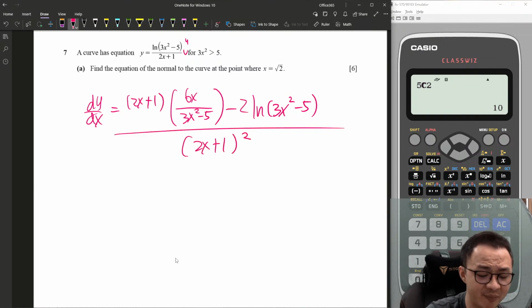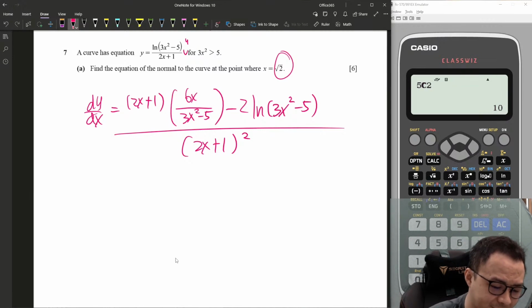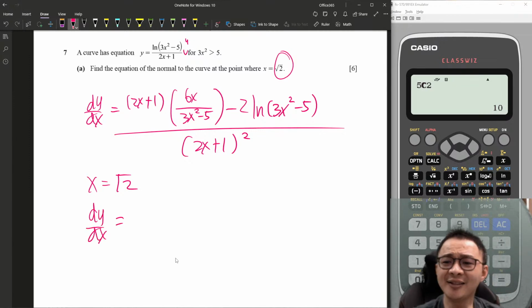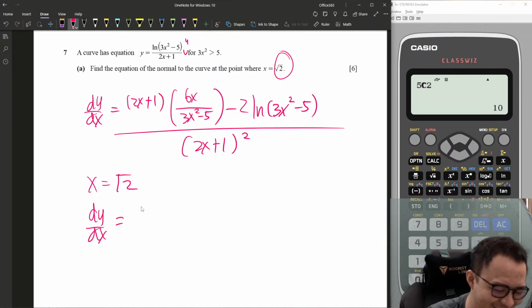I'm not going to simplify this, but I will plug in the x coordinate given, which is, not -2, I mean square root 2. For the substitution part, you don't really need to rewrite it, they give you the mark for actually substituting it.